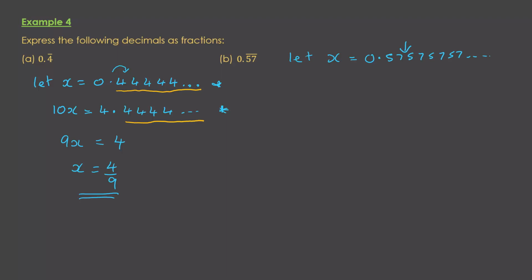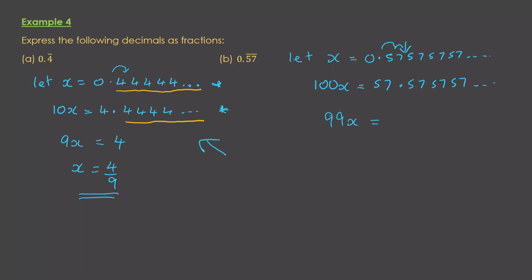And in order to do that, the point has to go 2 places, so I'm going to multiply by 100. And then I get 57.575757 and so on. Now if I subtract the same way I did over here, 100x take away x is 99x.